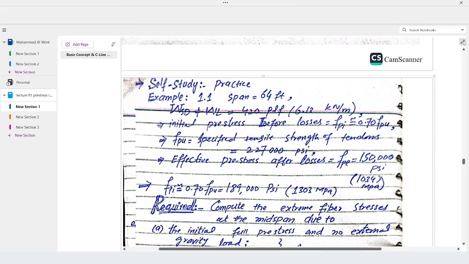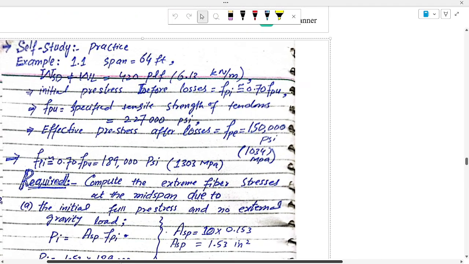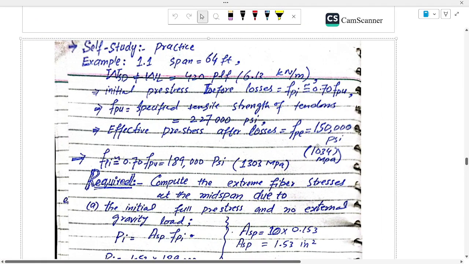This FPU is basically the specified tensile strength of tendons. We are given this specified tensile strength, so when you put this FPU here, you will calculate FPI.